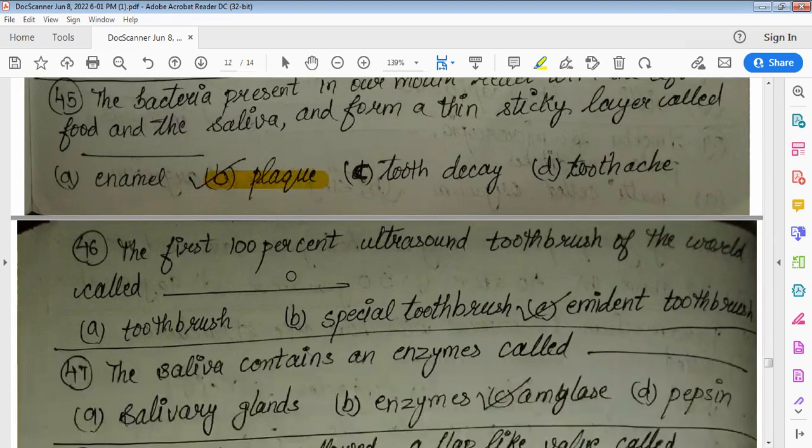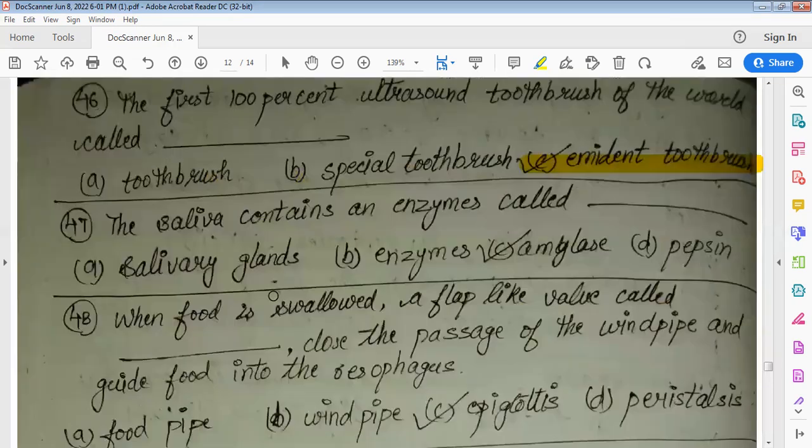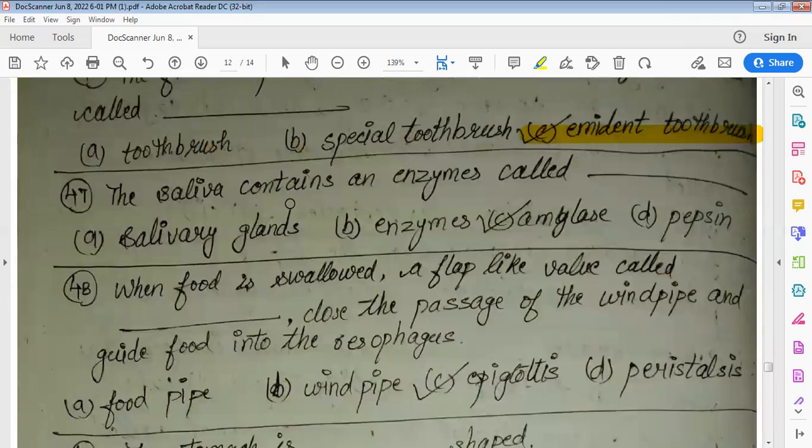The first 100% ultrasound toothbrush of the world is called the Amident toothbrush. The saliva contains an enzyme called amylase.